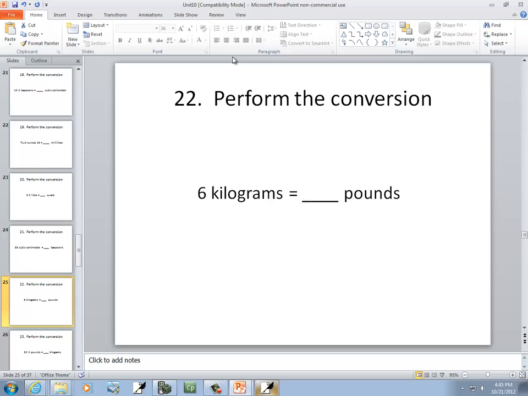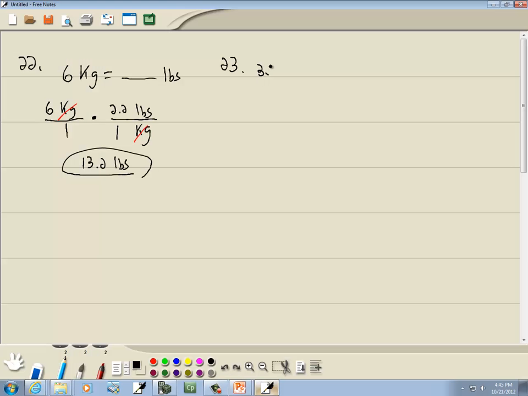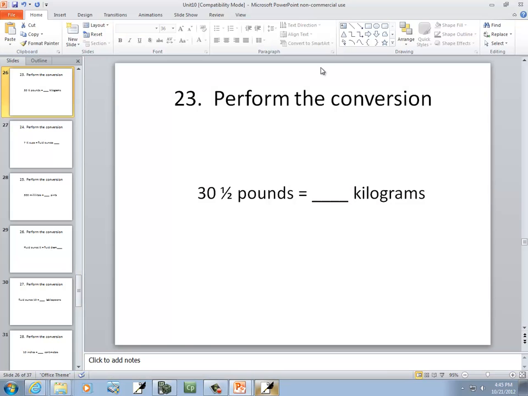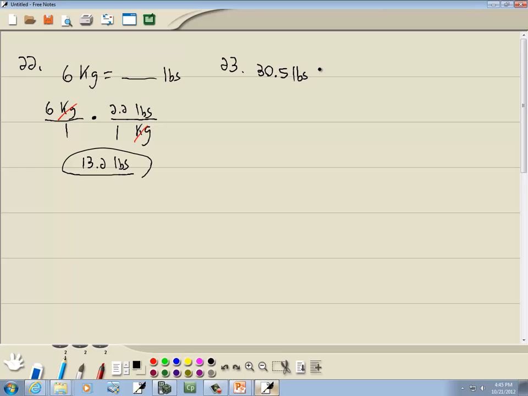Let's look at our next example. 30.5 pounds equals blank kilograms. So going the other way. Again, I do not have to think, do I multiply by 2.2? Do I divide by 2.2? It handles itself. So 30.5 pounds, put over 1. Pounds is there, then pounds has to be here.